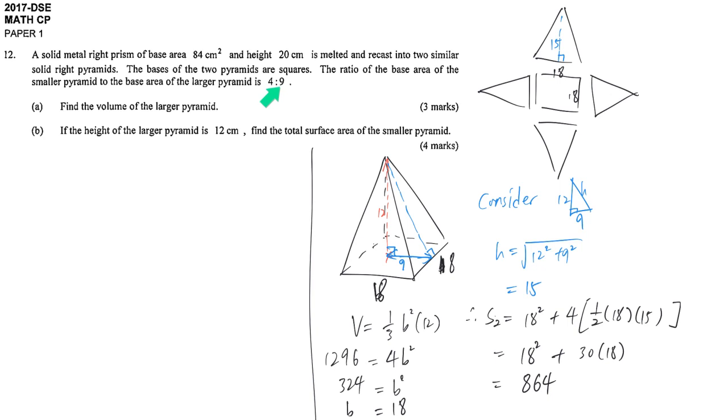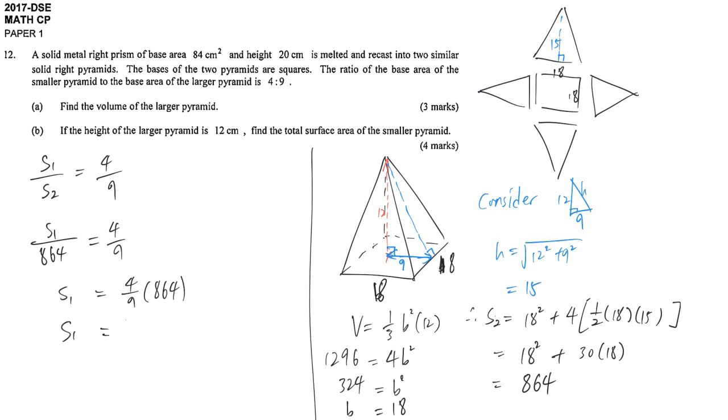But you know that they are connected by this ratio. So the smaller surface area to the larger surface area is 4 to 9. Now we already know the larger one is 864. So the smaller surface area is 4 over 9 times 864.